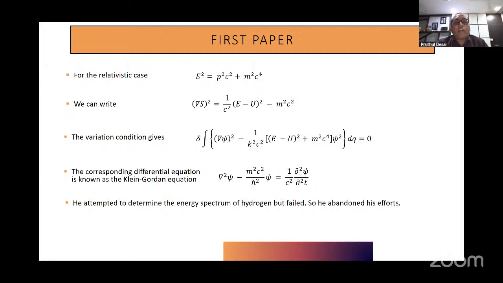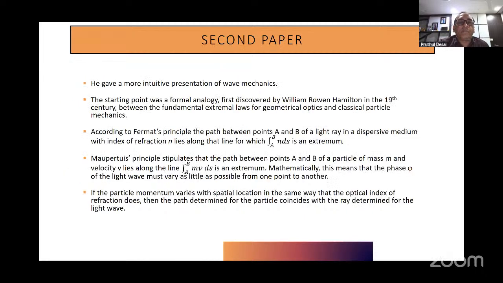So he realized that when he takes the relativistic case, the KG equation is unable to find the energy spectrum. So that's where he abandons his efforts of finding a relativistic wave equation.